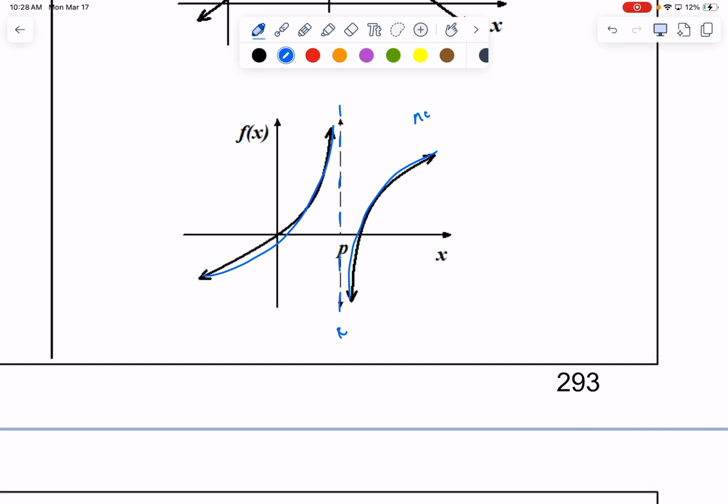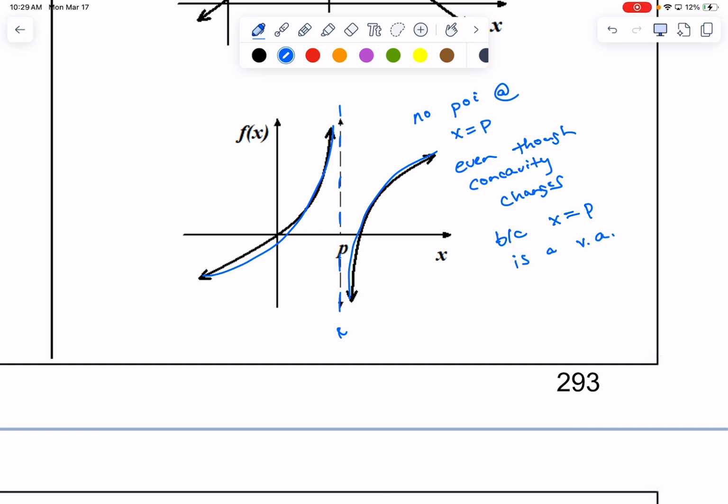There is no POI at x equals p, even though concavity does change, because x equals p is a vertical asymptote, and it's undefined. It wouldn't be in the domain, so you wouldn't include it as a POI.